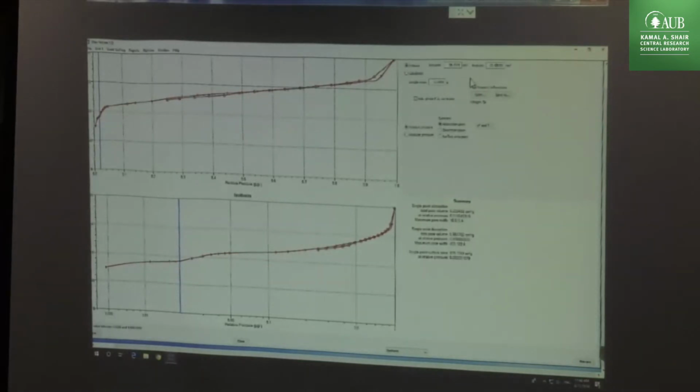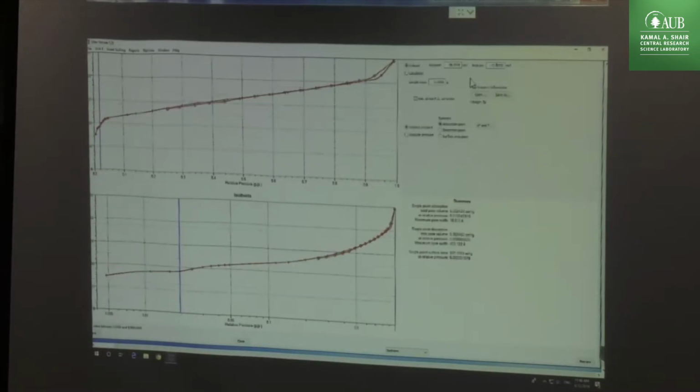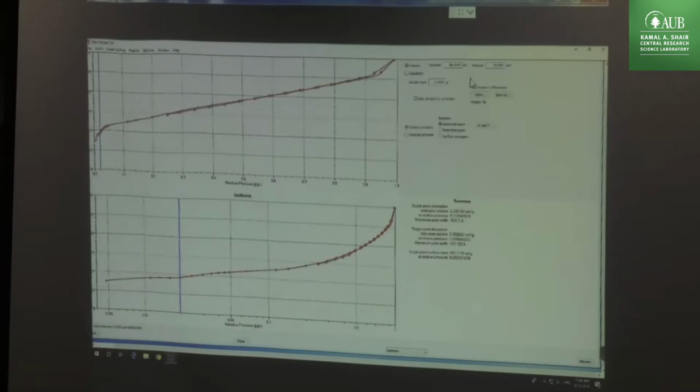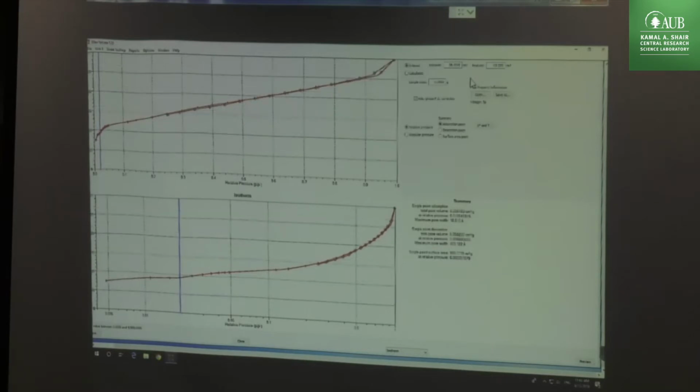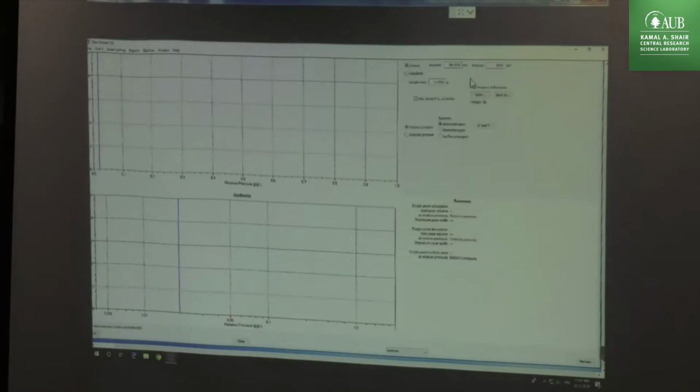Okay, 60.9 is too much. It's raised, so I need to go down. Still too high, so 63 only. It's too high, so 64.